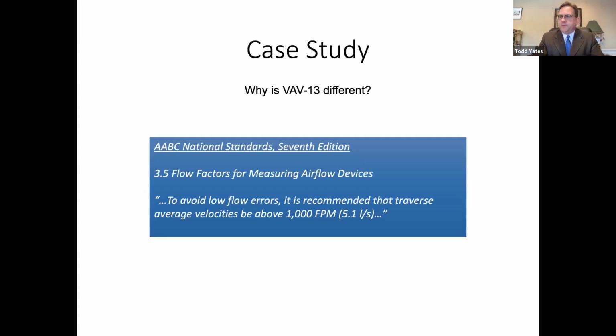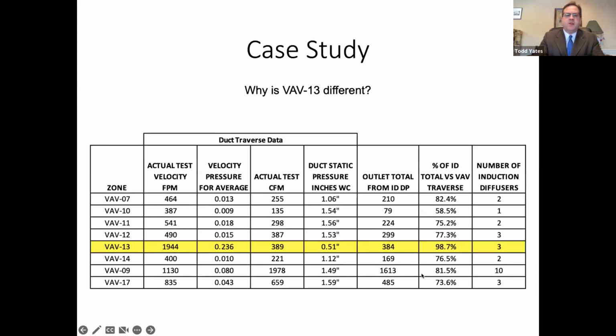And you'll see in that table that only two were above 1,000, and the one that was closer to 2000 was the one that was accurate. Let me go back to that. So we had some very low velocities here, 400, 500 in that range.